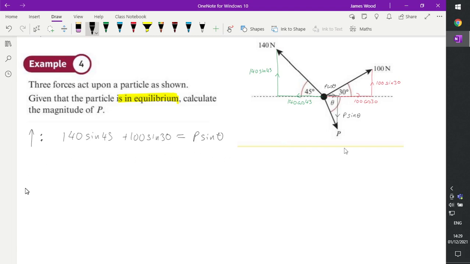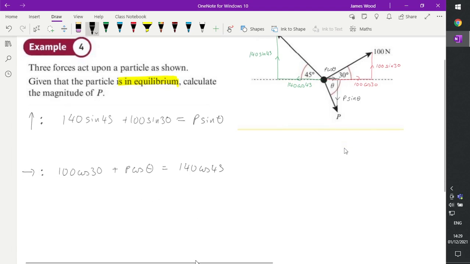If we then look horizontally, so I'm going to go to the right, I've got 100 cos 30, so I'm doing this force here first, plus P cos theta, because they're both pulling to the right. They must be equal to this one, because the forces are balanced. That equals 140 cos 45. Or I could have written subtract 140 cos 45 equals 0, because it's not accelerating. So now it's just about solving these equations to find P and theta.